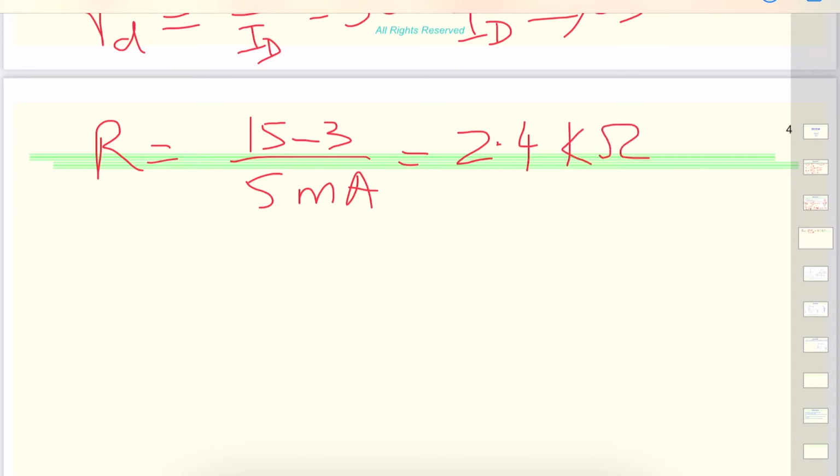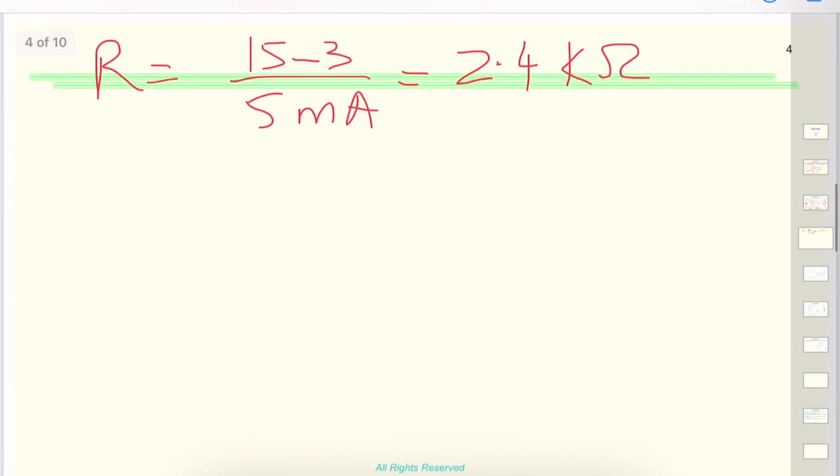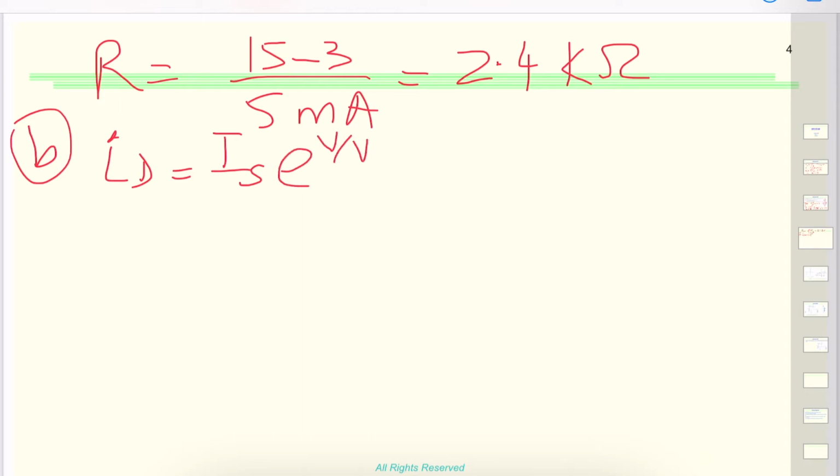Right. So now the second question, part B, is to specify the value of IS of each of the diodes. Now we go back to the basic fundamental relationship for the diode current, and that was the diode current is an exponential function of V over Vt.